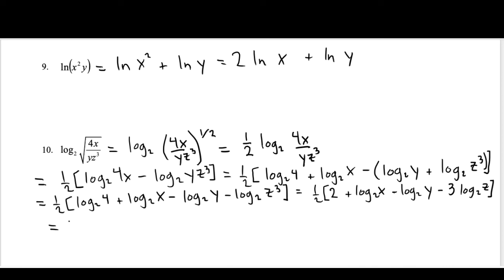So 1/2 times 2 is 1. 1/2 times log base 2 of x is just that. 1/2 times log 2x. Okay. 1/2 times log 2y, the next one. And then 1/2 times 3 log 2z. So that's minus 3 halves log 2z.